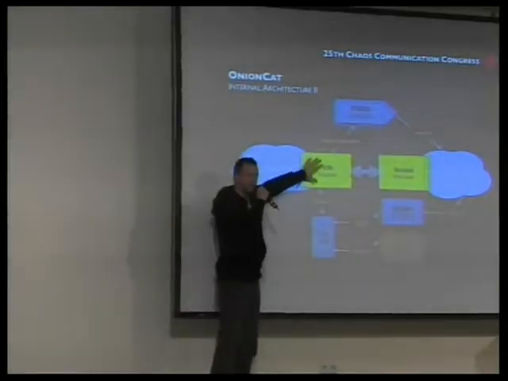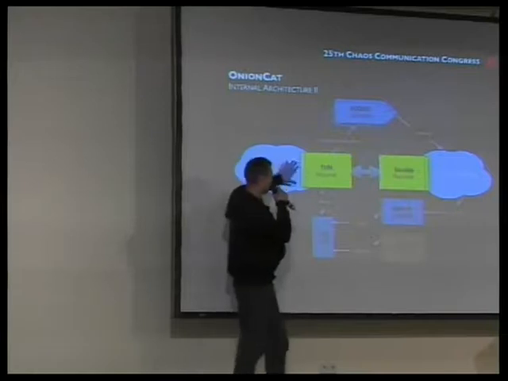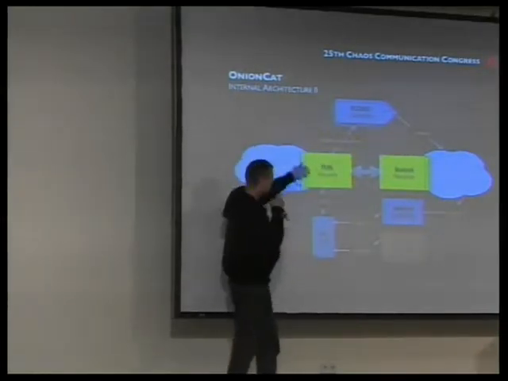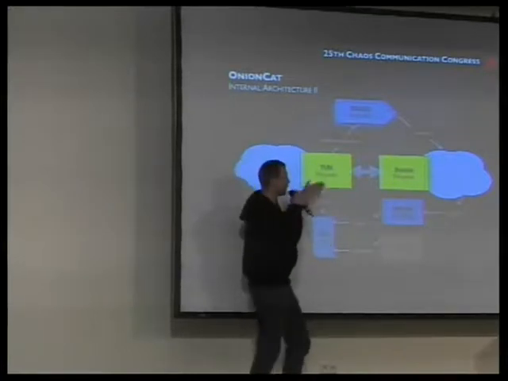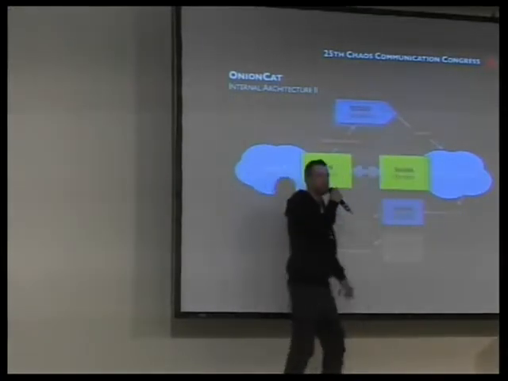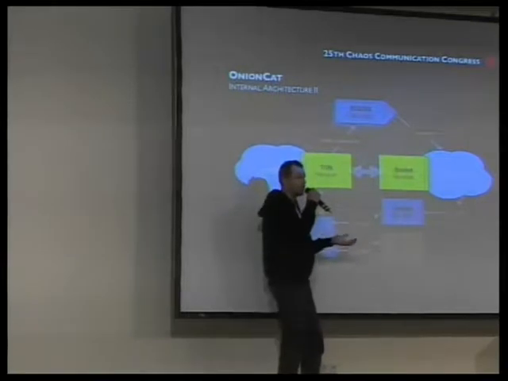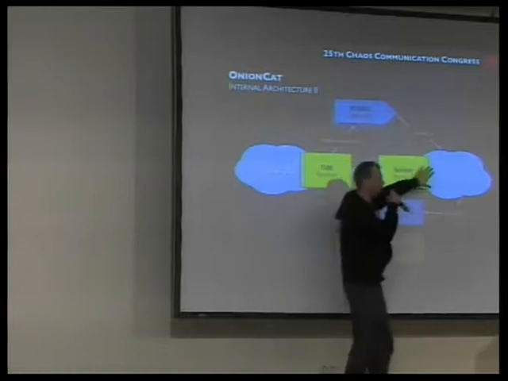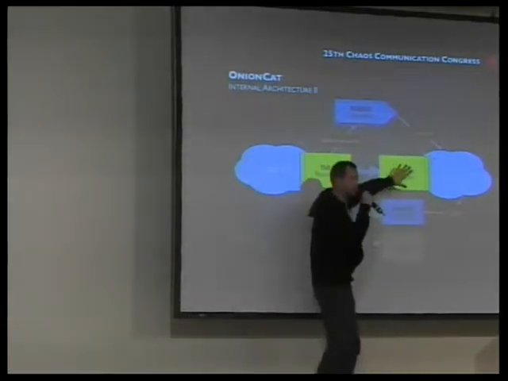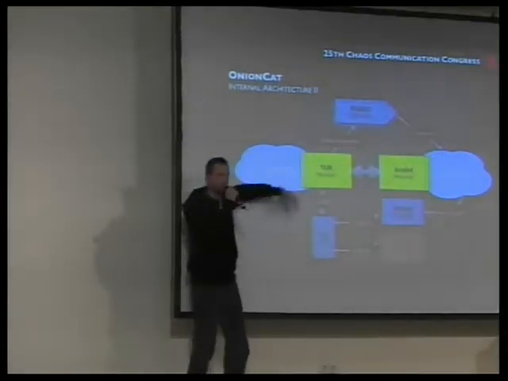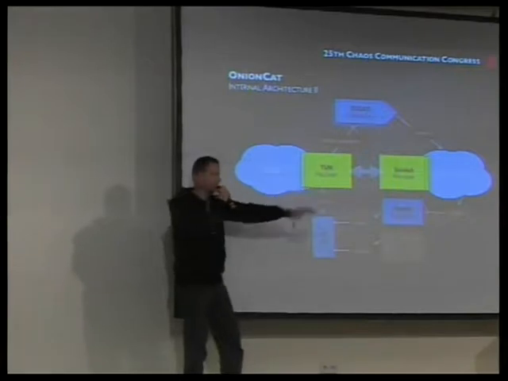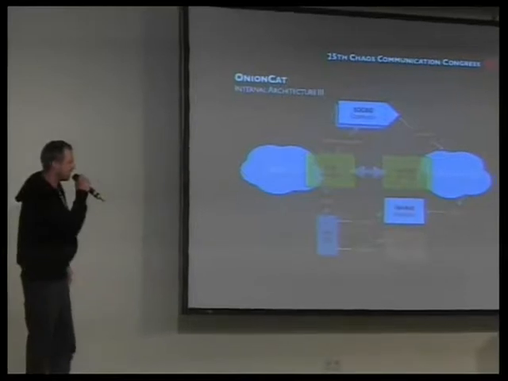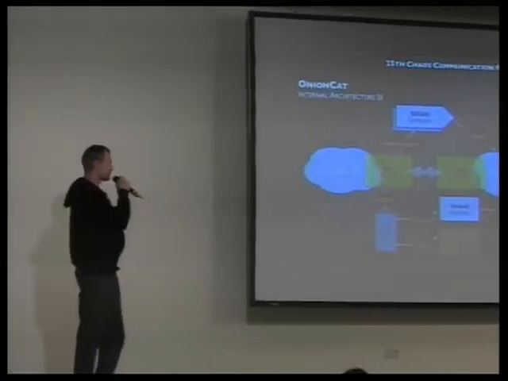Packets arrive here from the local operating system. That's the tunnel receiver thread. It extracts the destination IP address, looks it up in the peer list, and forwards it to the Tor network. On the other end, more or less the same thing happens, but we don't have to look up anything in the peer list. If packets are received from the Tor network, we just forward them to the TAP device, and then they get to the kernel. That's all.